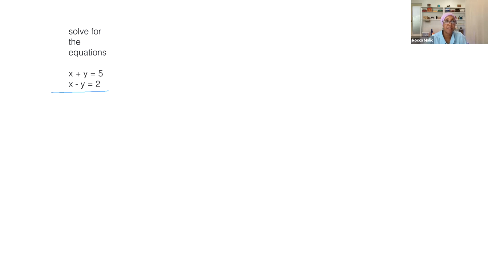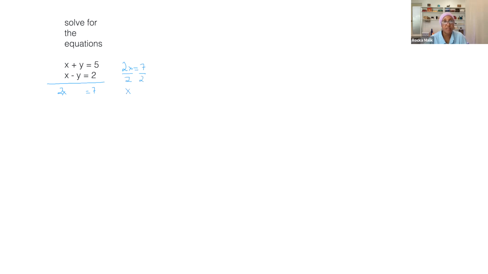And I have x plus x is 2x. Nothing is here. Equals 7. So 2x equals 7. I divide both sides by 2. x equals 7 over 2.